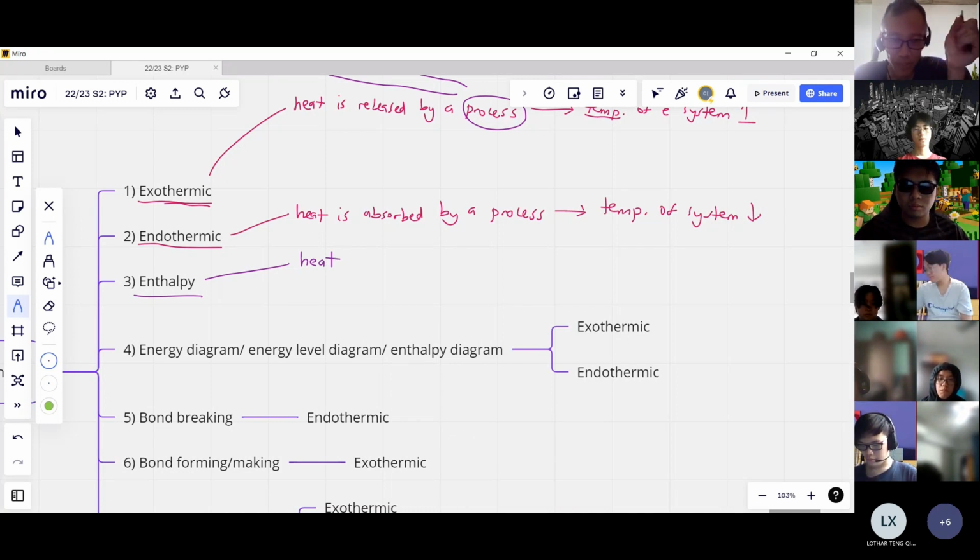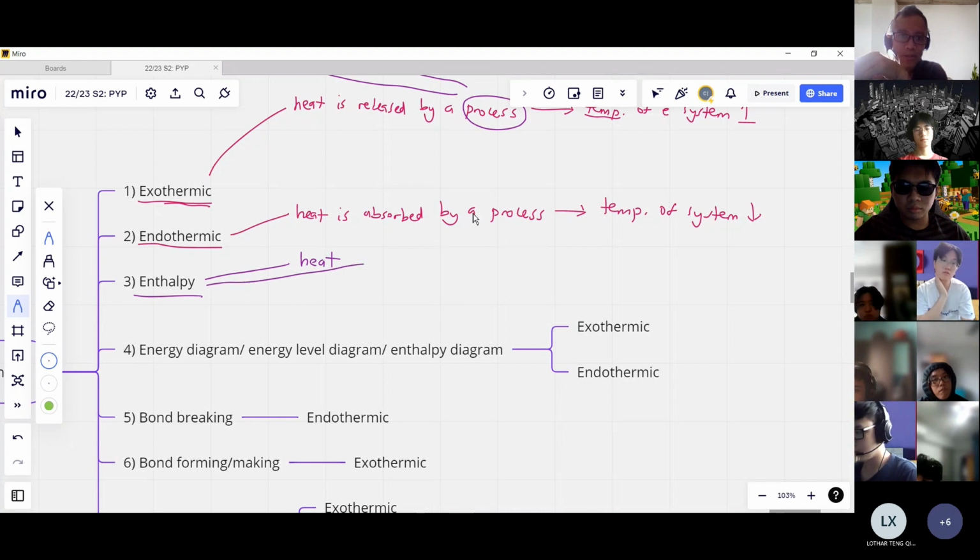So for now, entropy, just take it as heat. And there's a symbol for it. Make sure you recognize the symbol. Entropy is always represented by capital H.